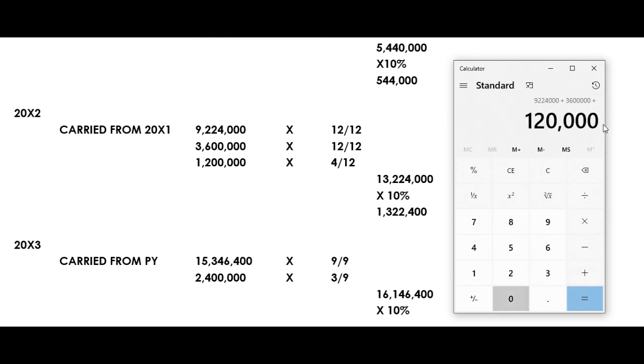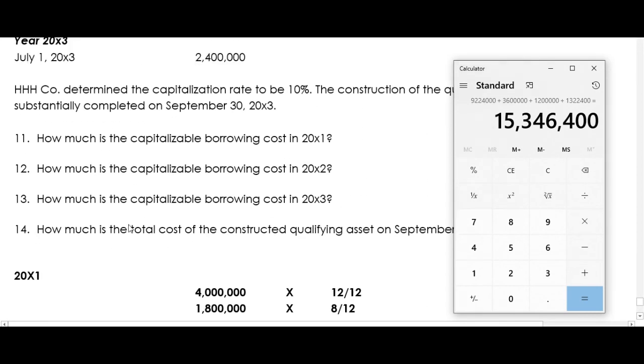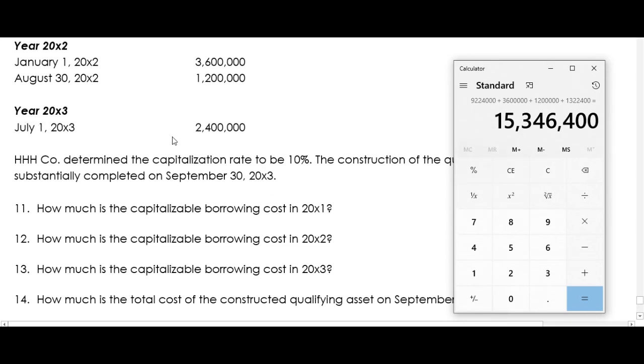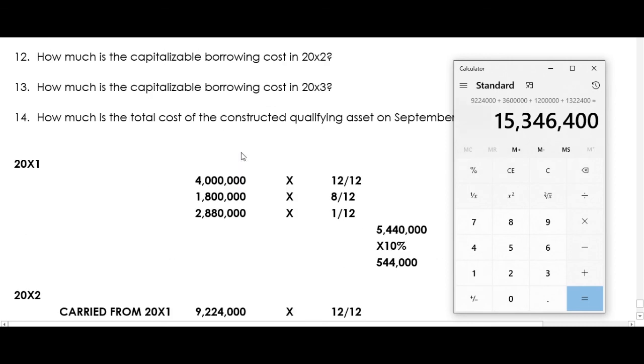Dagdag mo yung 1,200,000. At yung, ito, 1,322,400. So, yun. Yung total. Okay? So, ito lahat yung na-carry or lahat ng na-capitalize mo na na-cost during the previous year. Tapos, ang gagawin mo na lang, i-weigh mo na lang itong nagastos mo ng July na 2,400,000.